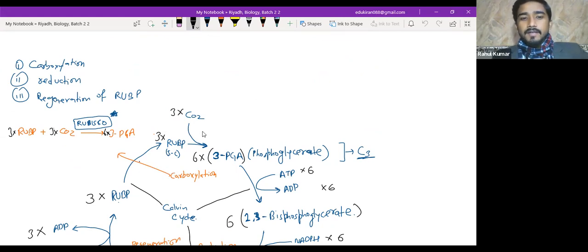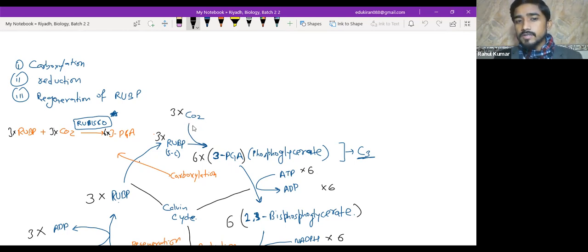Now, for how I started the class, I asked you to imagine the kind of molecule. If CO2 is to be fixed from the atmosphere, it has to be taken in by the plant, and some molecule must be accepting that CO2, right? So there should be a CO2 acceptor, correct?